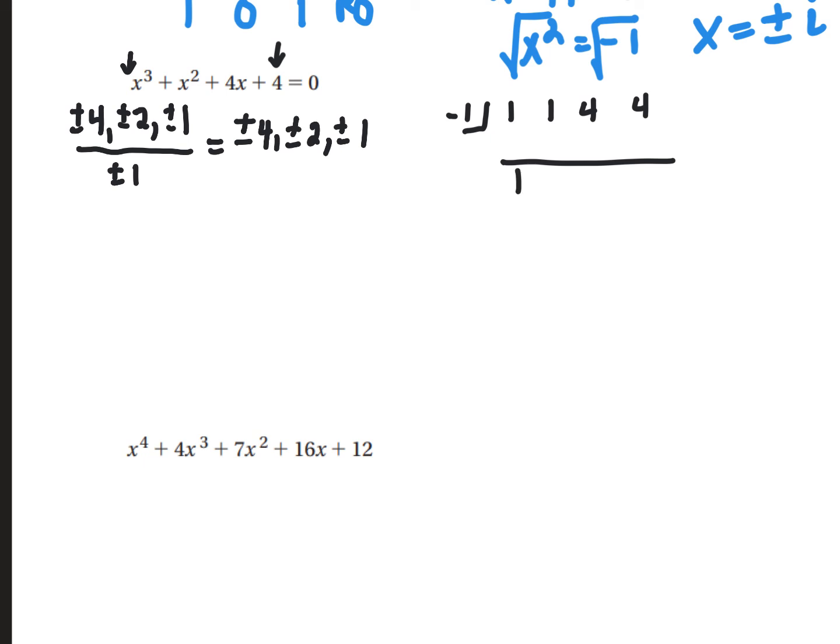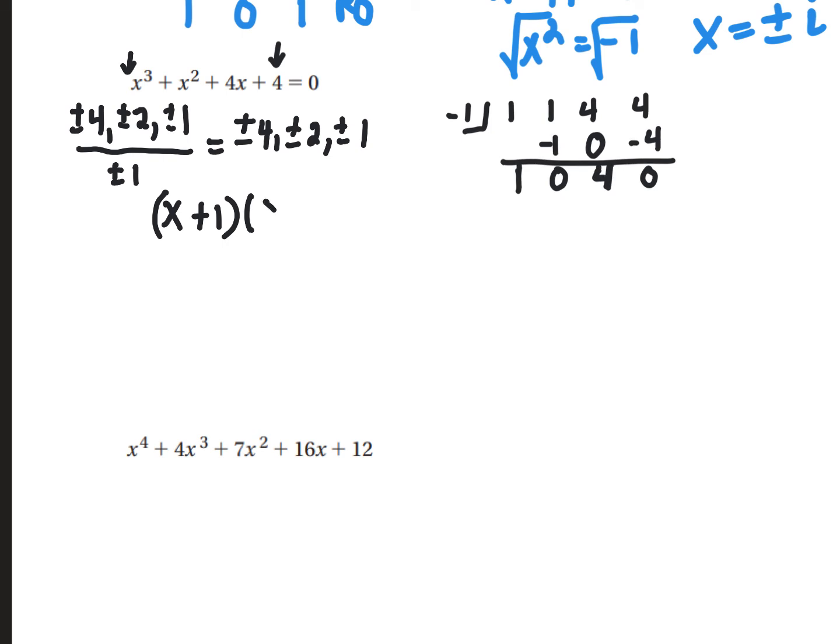So we have 1. -1 times 1 is -1. 1 plus -1 is 0. Negative 1 times 0 is 0. 4 plus 0 is 4. Negative 1 times 4 is negative 4. 4 plus negative 4 is 0. So what does that tell us about x plus 1? It's a factor. So this is our remaining coefficients.